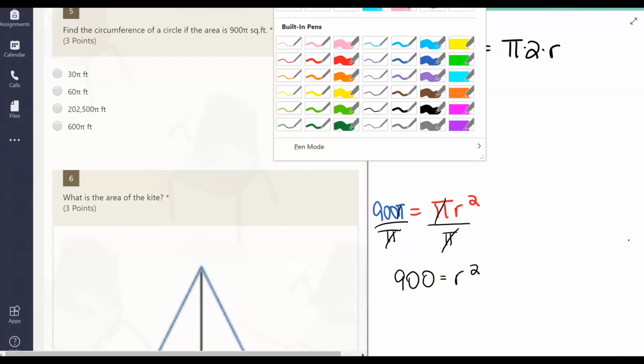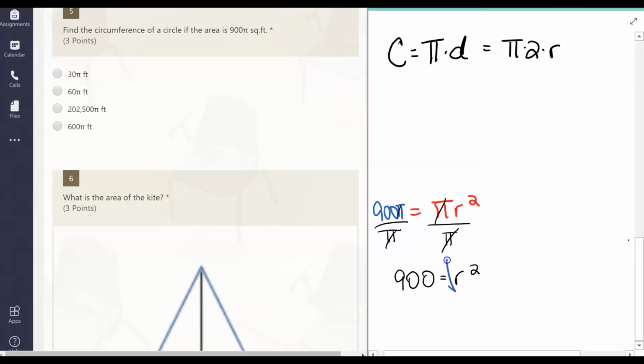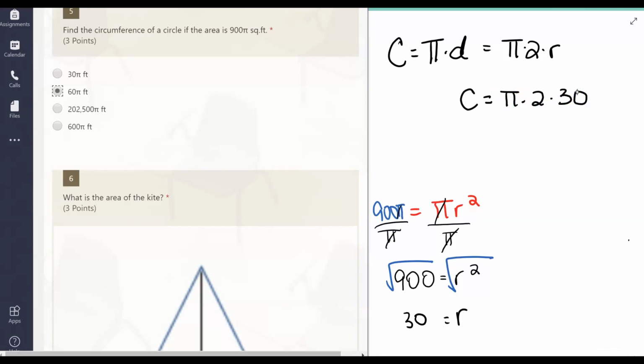And in order to have the radius alone, I would square root, which means what I'm actually working with is a radius of 30. Now that I have a radius of 30, I can go back up to this circumference formula. I have pi times 2 times the radius of 30, which means I have a circumference of 60 pi feet.